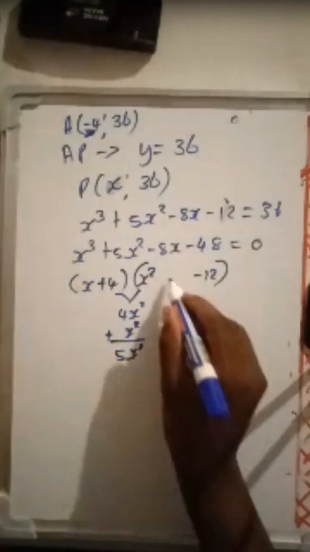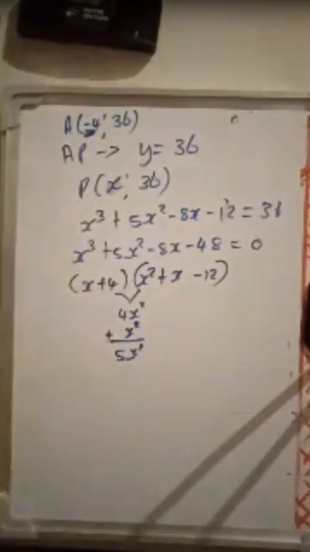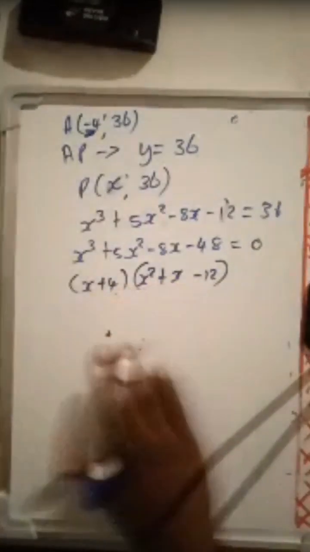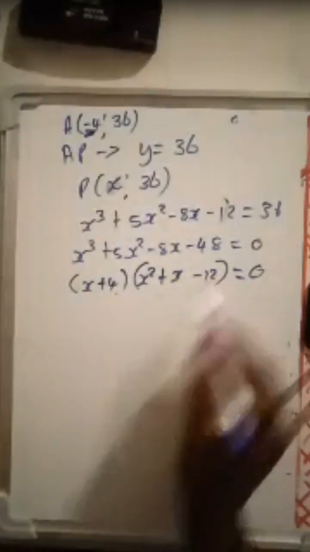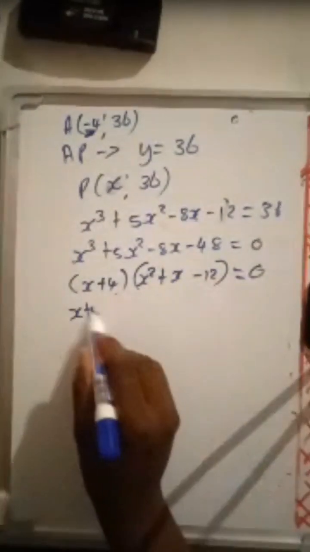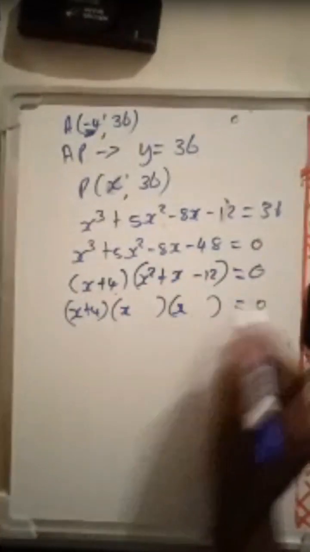So here I'm going to put plus x, because I have to divide this one by x, equals 0. Okay, so this one is easy, x plus 4, then that one, x squared plus x minus 12 equals 0.